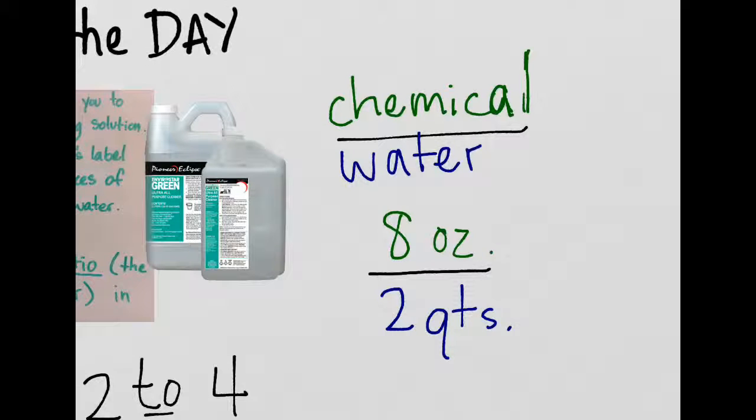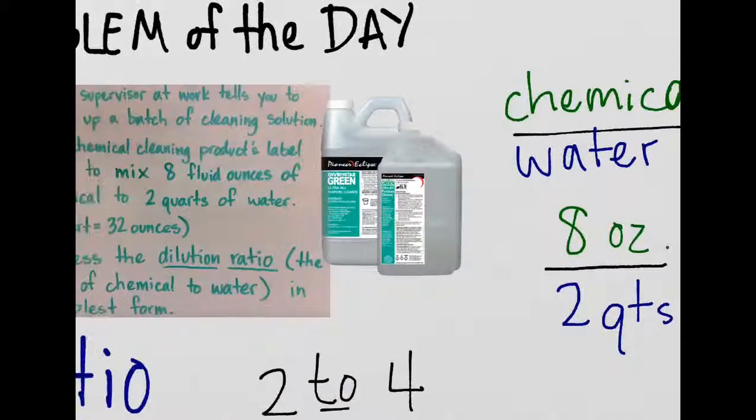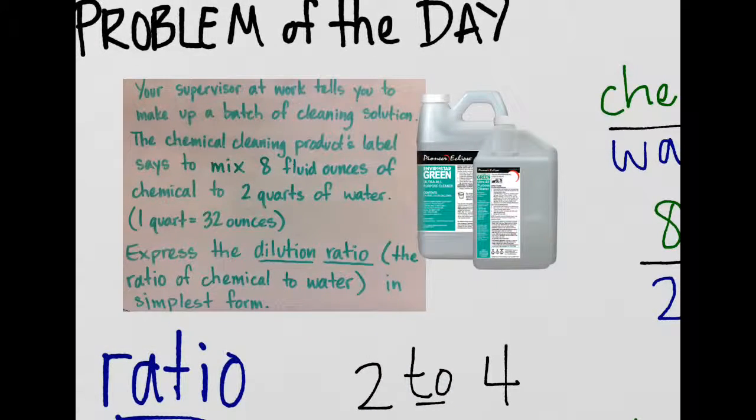Okay, so 8 ounces to 2 quarts. Now that is a ratio, but there's a little bit of a problem that you might notice with this ratio. The chemical is in ounces, and the water is in quarts. Now that's a problem. But I did give you a little bit of information. I told you that 1 quart equals 32 ounces.